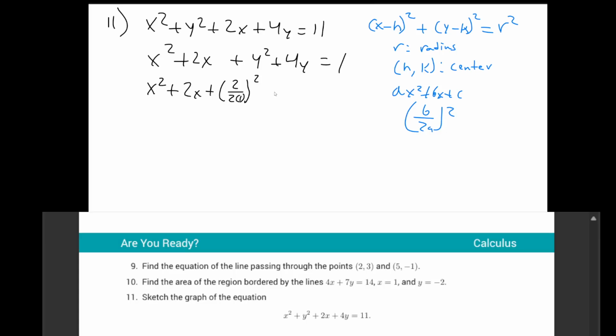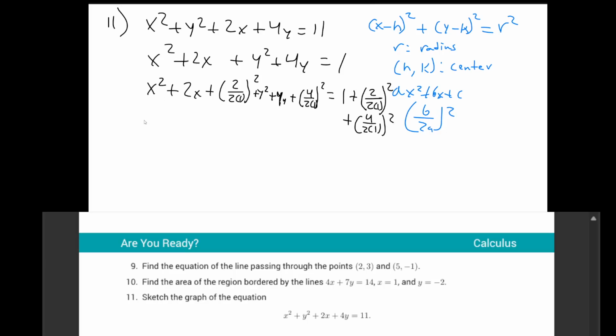And of course we have to add it to the other side as well. If we're adding something to the equation, we have to add it to the other side too. And same thing here: y squared plus 4y plus b over 2 times a, squared. You have to add it to this side of the equation as well.